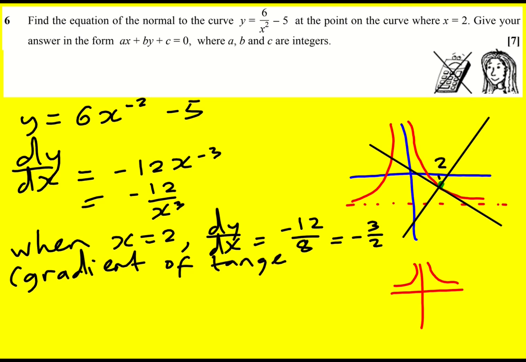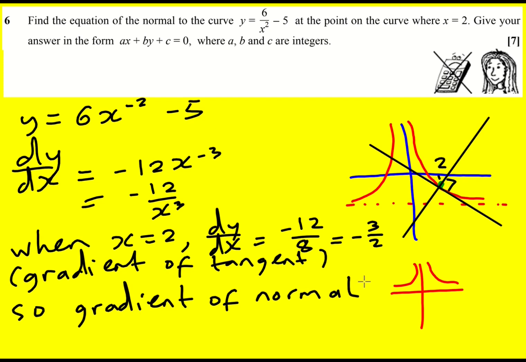But I've asked for the gradient of the normal, and remember that is at right angles. So the gradient of the normal is the negative reciprocal. It's actually 2/3. You just switch it around and get rid of the negative, because the two have to times to give minus 1.